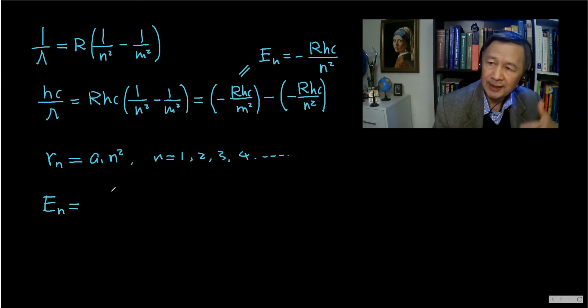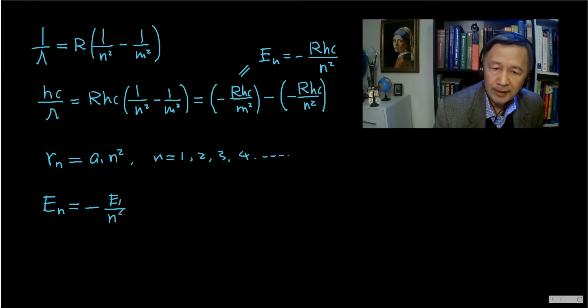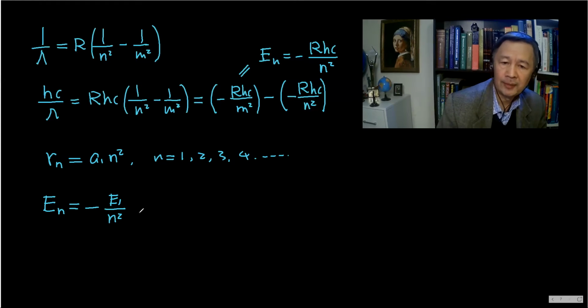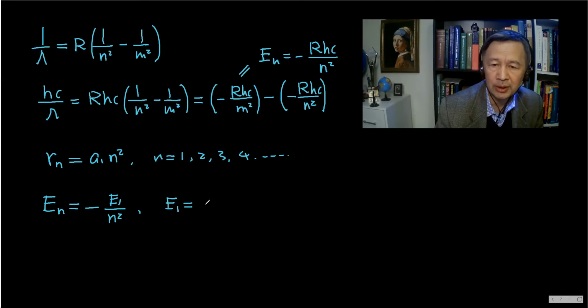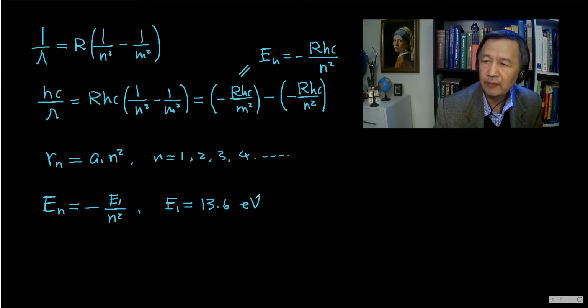For each stationary state, the energy can be written simply as a constant, the ground state energy, divided by n squared. And if you look at your textbook, this ground state energy is equal to 13.6 if you use eV, electron volts, as the unit for the energy.